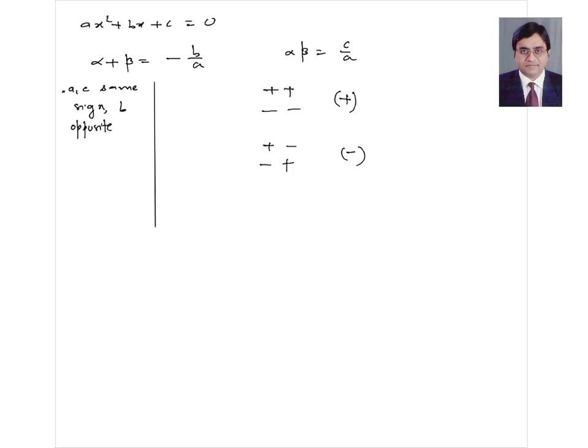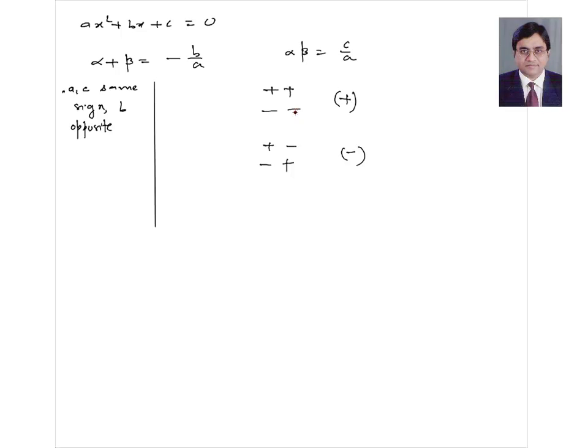If a and c have the same sign, then it means the product alpha beta is going to be positive. That means both can be either positive or both can be negative.